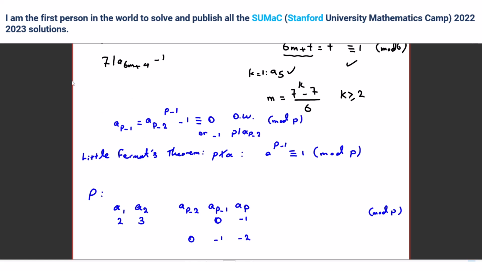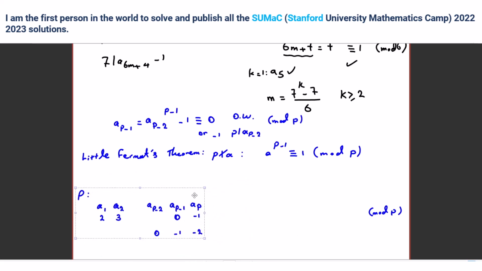Now, we want to say, okay, the period is what? So let's minimize these parts. If we consider, for example, a to the p plus 1, for this one, it is what? 0, exactly. a to the p plus 2 is what in this case? -1.